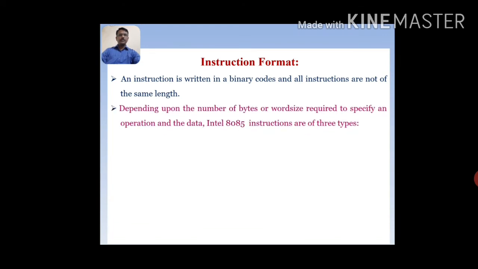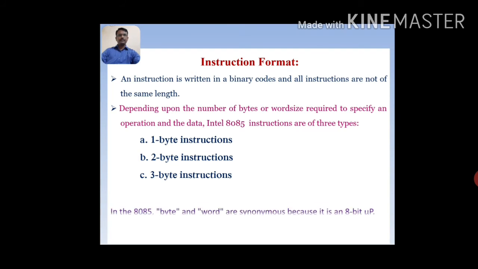Depending upon the number of bytes or word size required to specify an operation and data, Intel 8085 instructions are of three types: 1 byte instructions, 2 byte instructions, and 3 byte instructions.